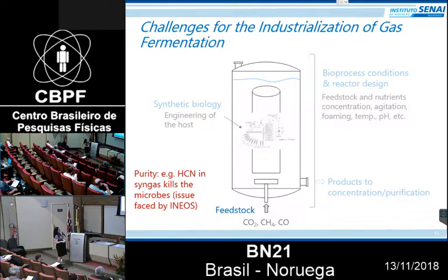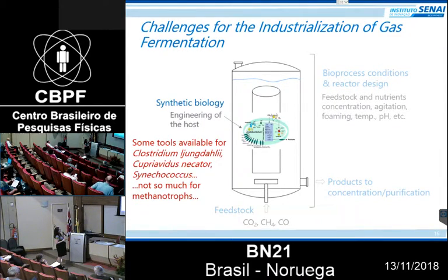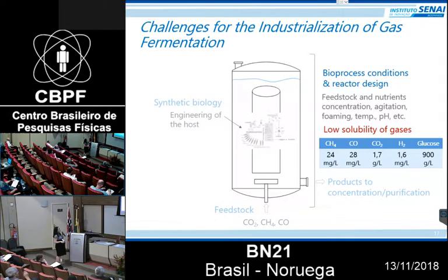For instance, feedstock: because we work with living organisms, you have to be aware that some contaminants in the stream may kill your microorganisms. Synthetic biology: we have to engineer the microorganism, and there are not genetic tools for all the microorganisms, mainly when we consider methanotrophs.